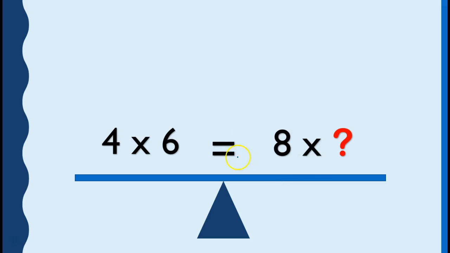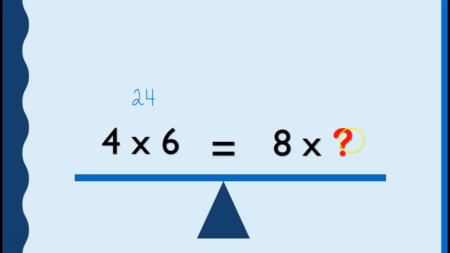If it has that equal sign, then both sides have to have the same value. I can't allow this side to be smaller or bigger than this side, right? Because it has the equal sign. So I know that 4 times 6 is 24. So now I have to decide what can I multiply times 8 to equal 24.